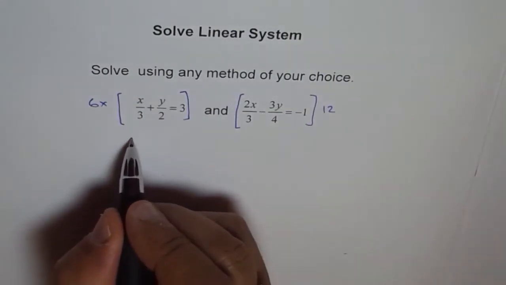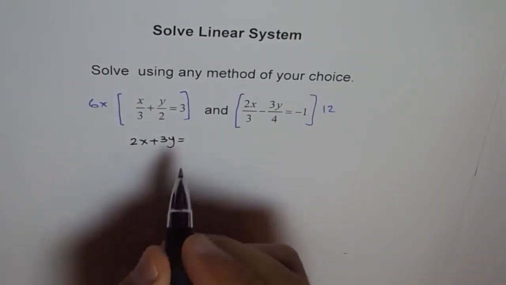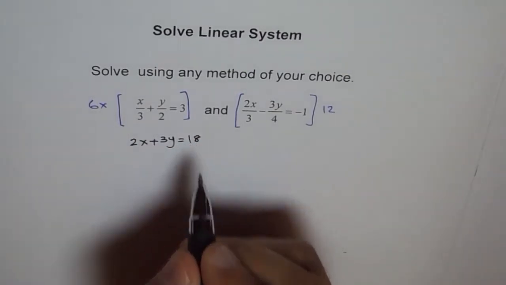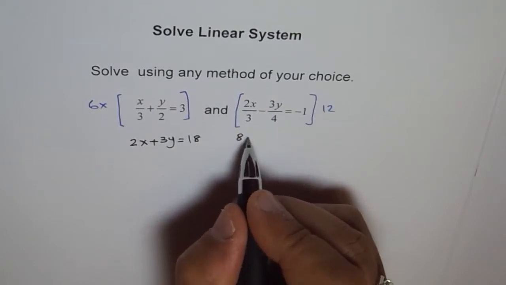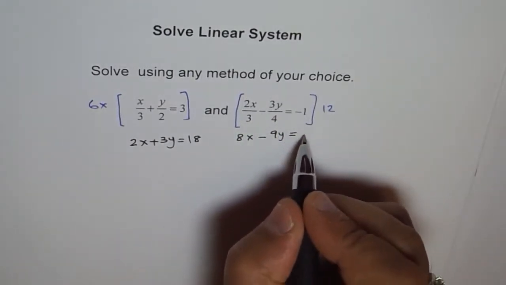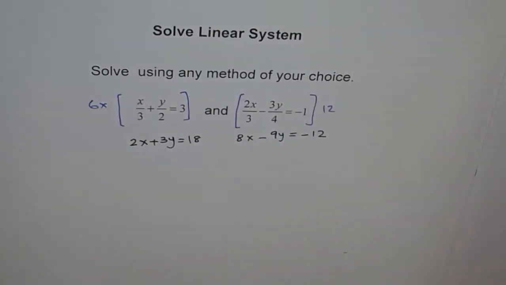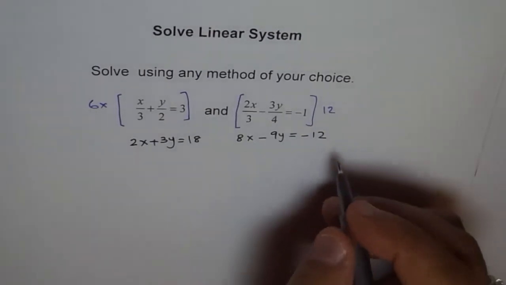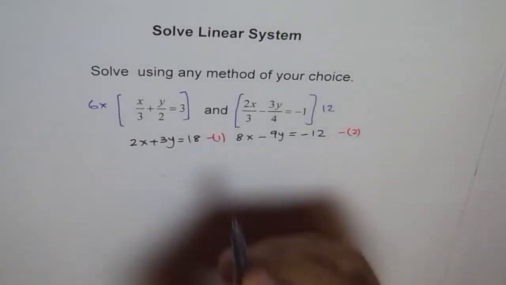So we get here 2x plus 3y equals 6 times 3, 18. And this can be written as 4 times 2, 8x, minus 3 times 3, 9y, equals minus 12, correct? So now these are our equations to work with. This is our equation number 2 and that's our equation number 1.